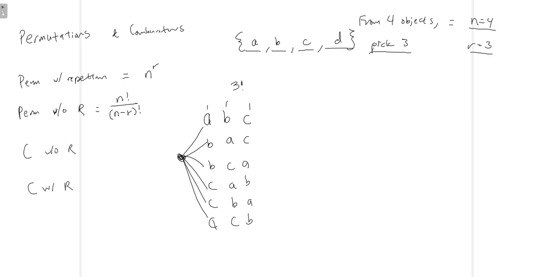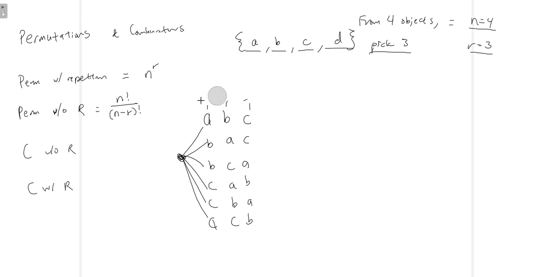So however many we pick, we just need to divide by how many different ways we can arrange them. It's the same thing as permutations without repetition. So 3 choose 3: if we have 3, how many ways can we arrange 3 objects? It would be 3 factorial. 3 minus 3 factorial is just equal to 1.